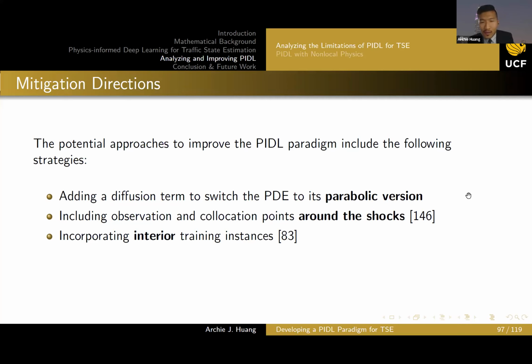The reasoning behind incorporating interior training instances is that it will help the data representation of the entire traffic state field. So your data observations will come at diverse locations on this road and at various timestamps, and this representation of the field will help PIDL in terms of learning the traffic state.